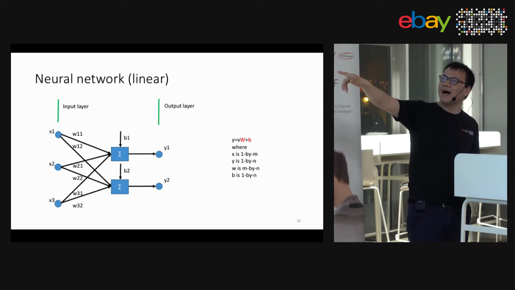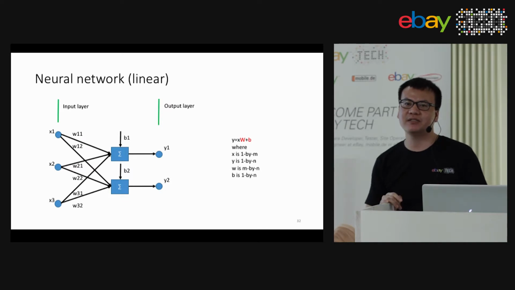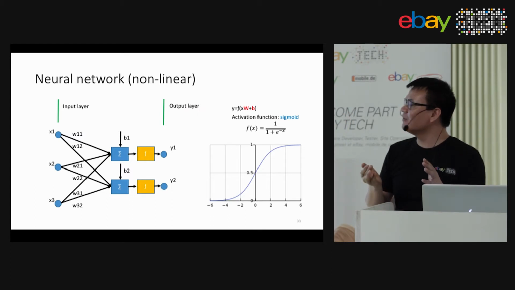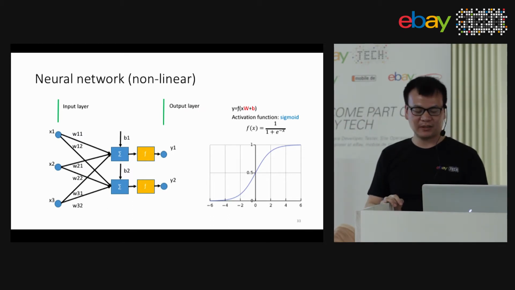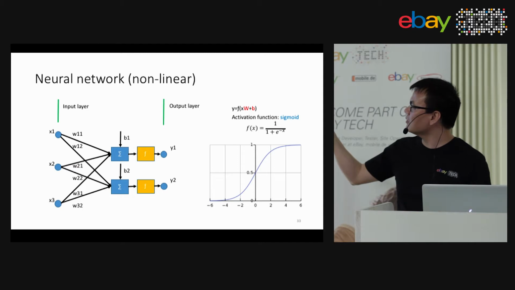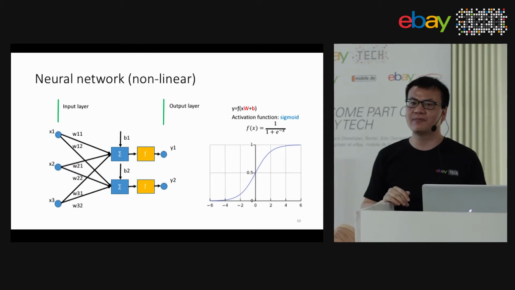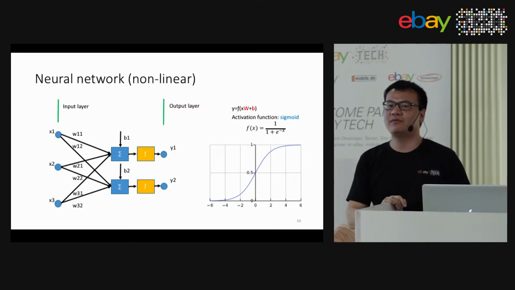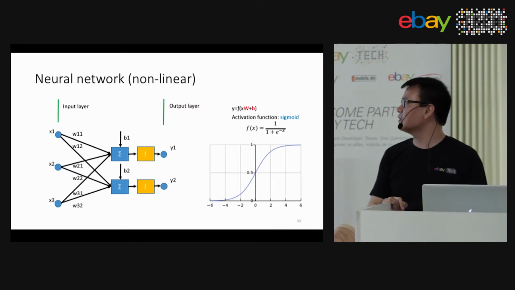The previous slide is y equals x dot product w plus b. Now I have a nonlinear function f surrounding this linear part. The nonlinear function is sometimes also called an activation function. I provided an example of it on this slide. It's called sigmoid.